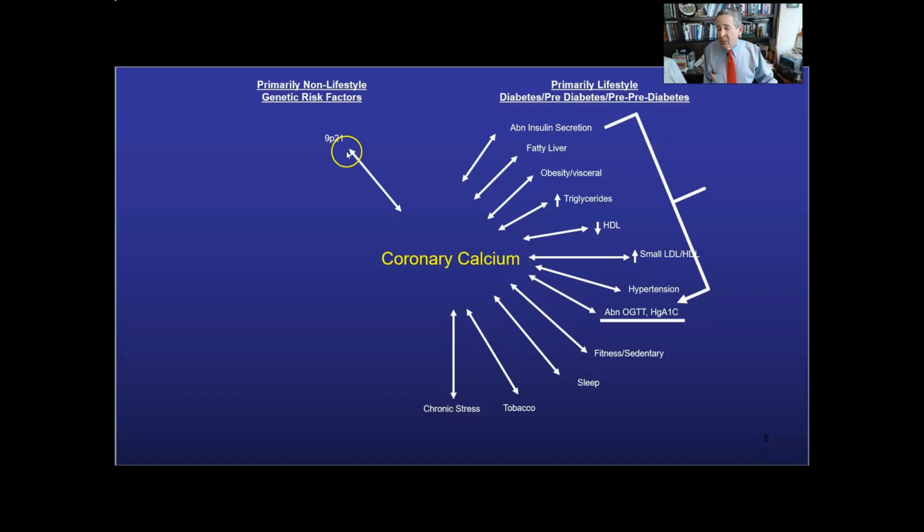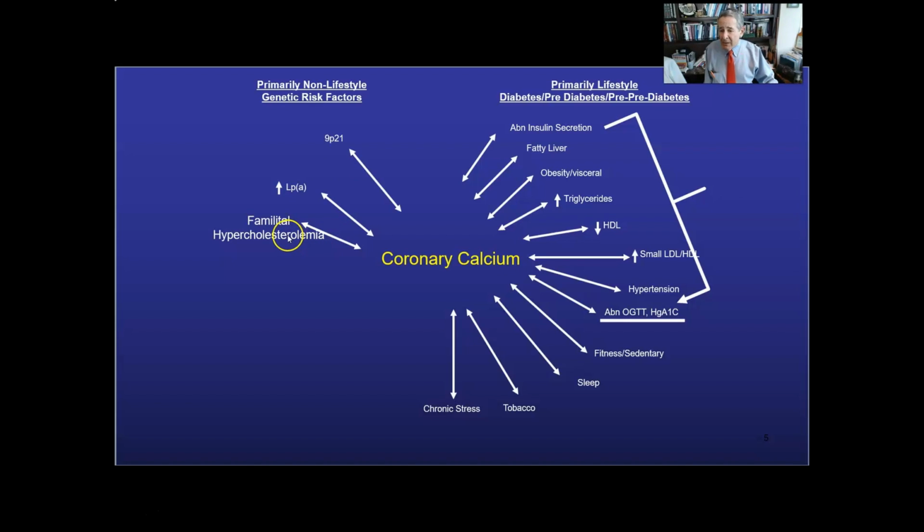And then what's often ignored is we have a whole host of primary non-lifestyle genetic factors. And these that we measure routinely now, 9p21, which makes the lining of our vessels more porous to LDL particles, Lp(a), which is easily oxidized and can be atherogenic, though often alone it doesn't contribute a lot. There are probably 50 different types of Lp(a), and you really have to put it in the complete clinical picture.